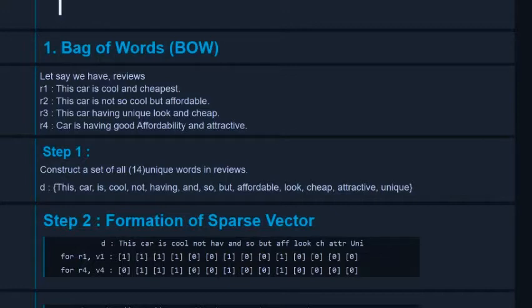Similarly "affordability" and "affordable". If we take out the stop words like this, is, so, and but, what is left here? Car, cool, cheapest. We are still connecting the dots, right? Car, not cool, affordable. Yes, the link is still there.